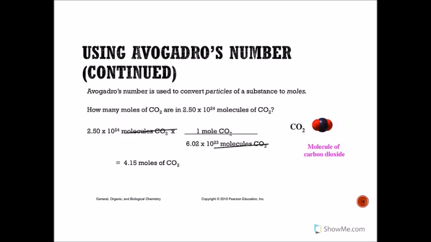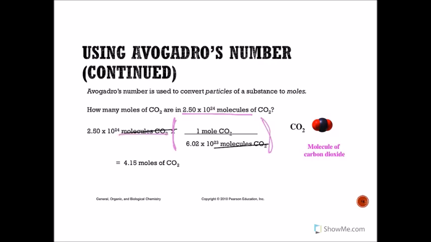If we take a look at this next example, we can convert particles of a substance to moles. Our question is, how many moles of carbon dioxide are in 2.50 times 10 to the 24 molecules of carbon dioxide? We start with our number in the question, which is 2.50 times 10 to the 24 molecules. We write that out, and then we write out our conversion factor.